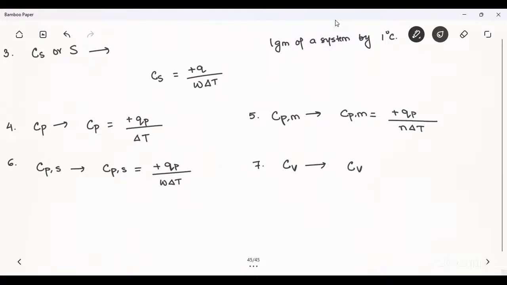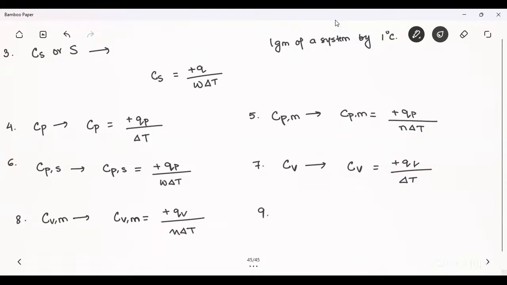So CV is represented as plus QV divided by delta T. CVM is molar heat capacity at a constant volume. So CVM is equal to plus QV divided by N delta T.